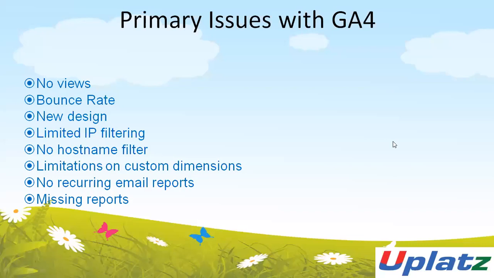Without taking too much of your time, I'm just summarizing the reports. Everyone knows what views are. In an organization, if the owner wants a report that excludes certain parameters, like excluding some IPs, some referrals, whatever they think.